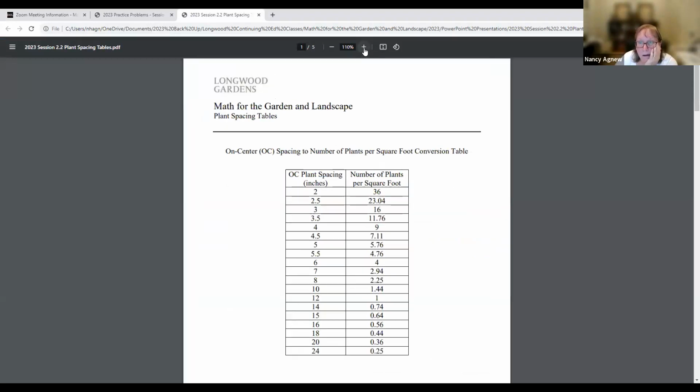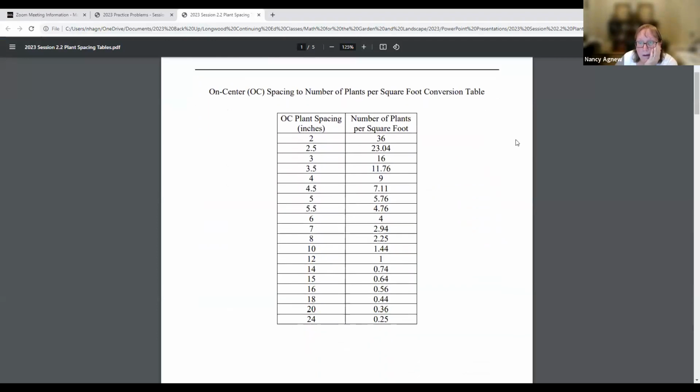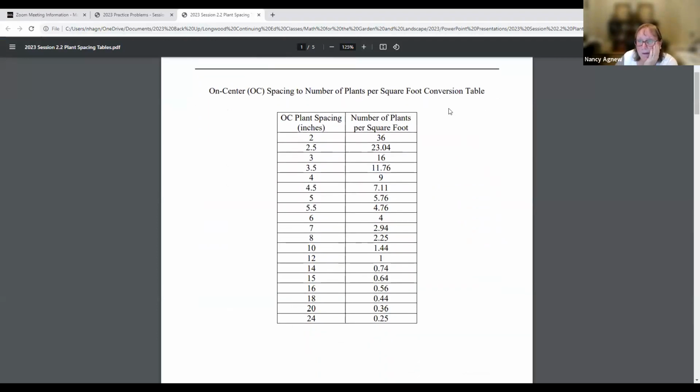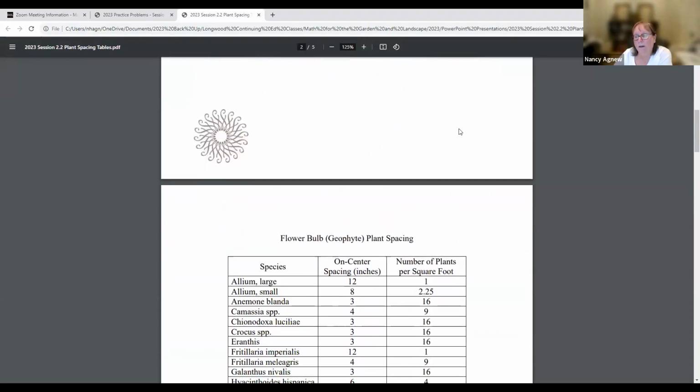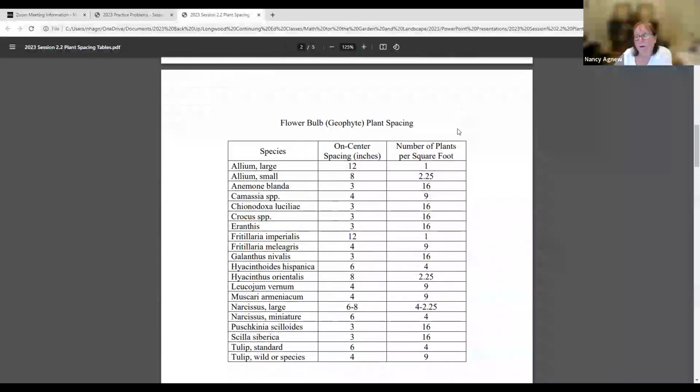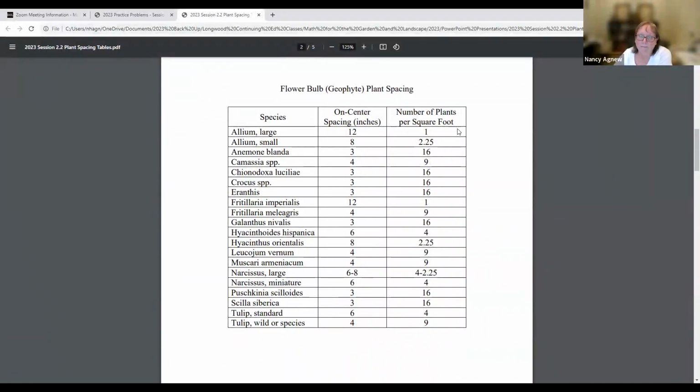Thank you. All right, so here is that on center spacing. That's just that first table on the PowerPoint. Let me go down here to bulb spacing. As you can see, narcissus, the large species, are 6 to 8. Again, there's a range.